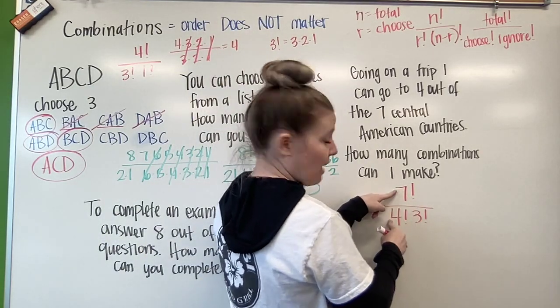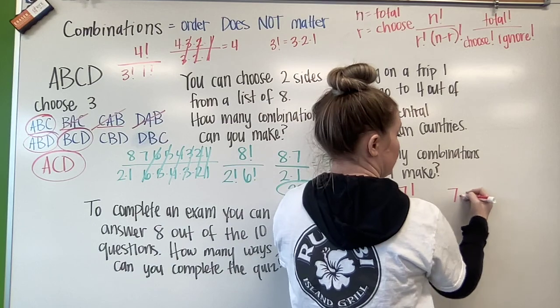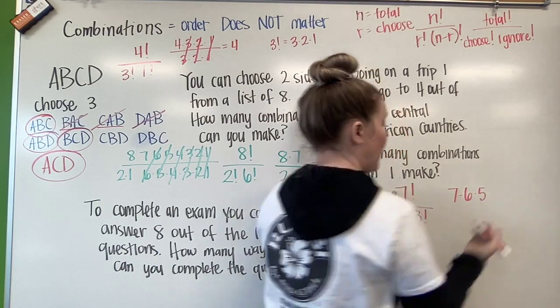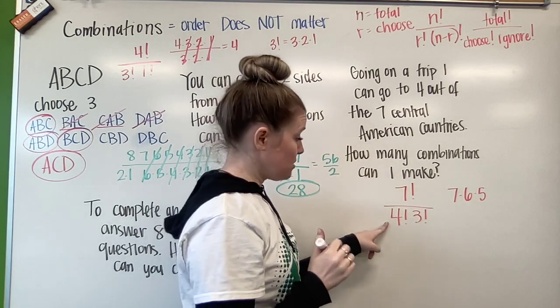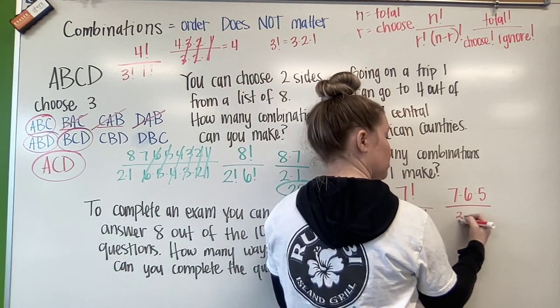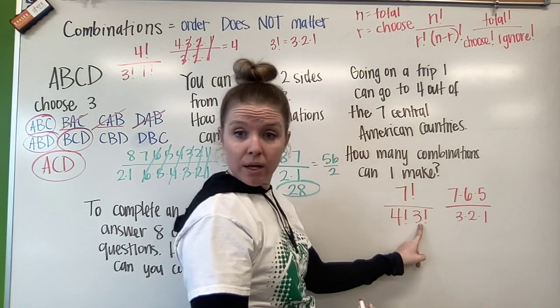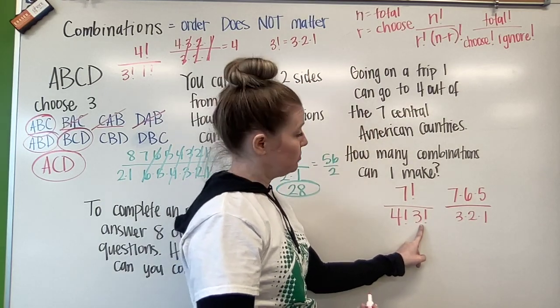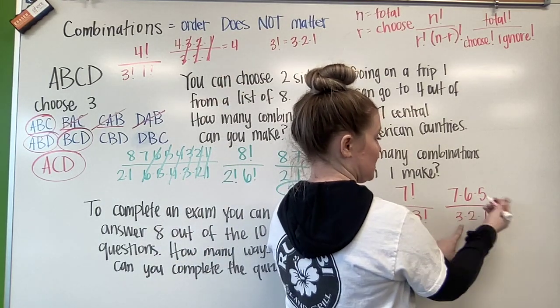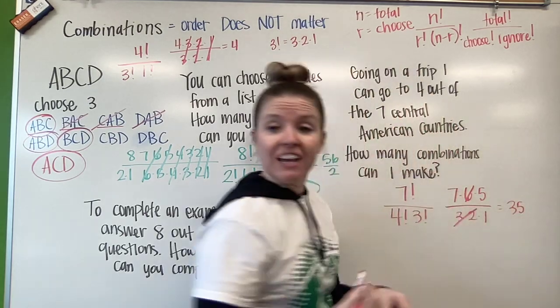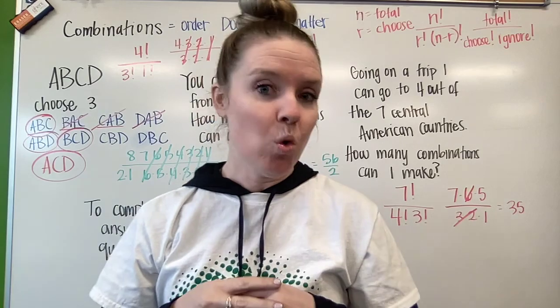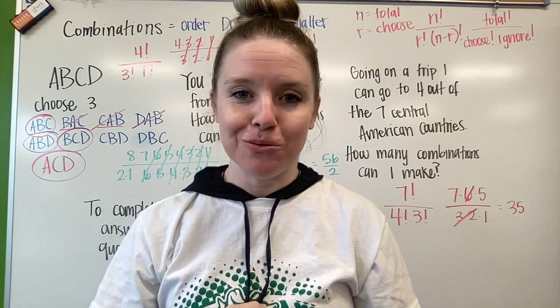Here, that 4 is going to reduce, so I'm going to have 7 times 6 times 5. 4, 3, 2, and 1 will reduce with this. And then I'm left with 3 times 2 times 1 from this guy. 3 times 2 equals 6, so that's going to reduce. And I have 35 options. Whew! How will I choose?